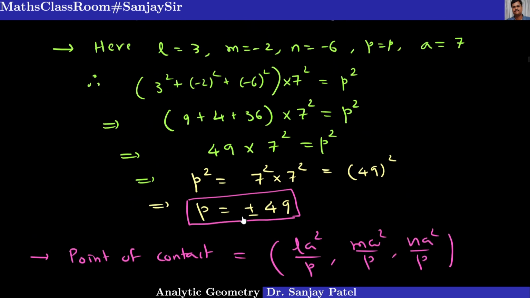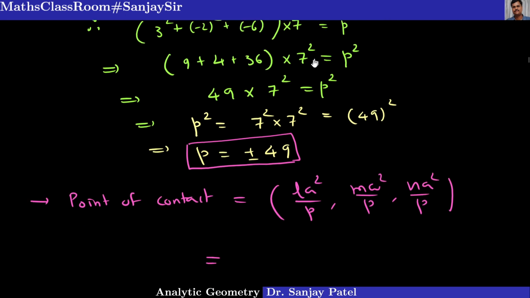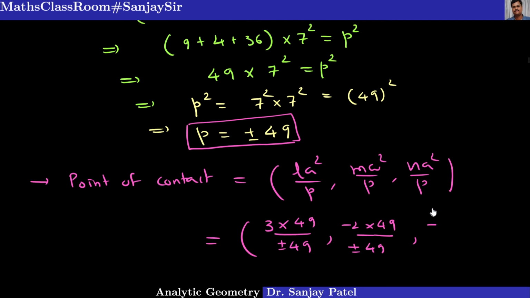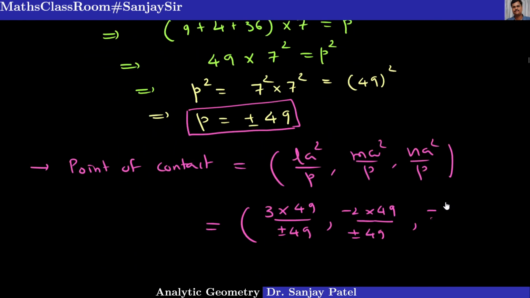That we have already written here: 3, minus 2, and minus 6. So 3 into 49 by plus or minus 49, then minus 2 into 49 by plus or minus 49, and N, that is minus 6, into 49 by plus or minus 49, because the value of p is plus or minus 49.